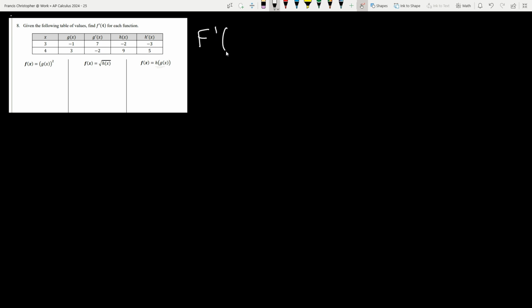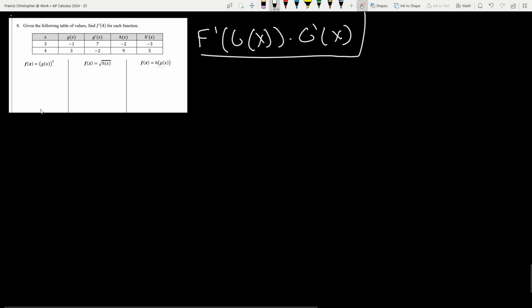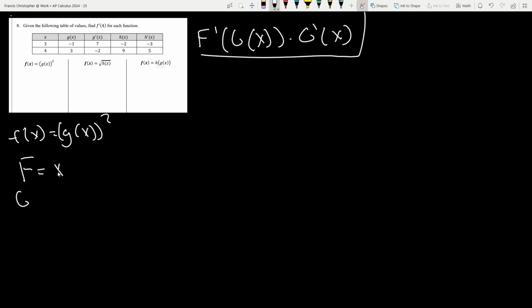So we're calling chain rule f prime of g of x times g prime of x, and I'll keep that up here. So first one, f of x equals g of x squared. I notice that my outer function, the parent one, is x squared, and the inner one is clearly g of x.